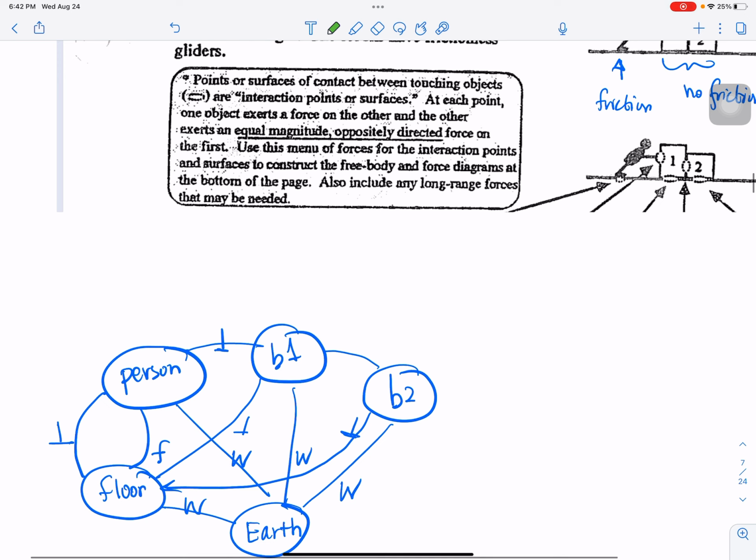So we know that the person is pushing block 1, and this is equal to block 1 pushing the person. So this is something called Newton's third law, which again we will discuss in more detail, but I wanted to introduce it. So that is why this interaction between the two objects is equal and opposite.